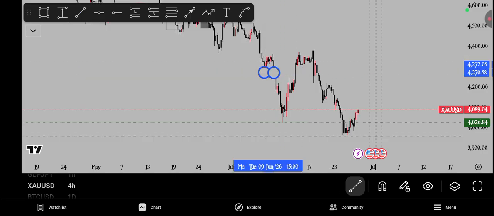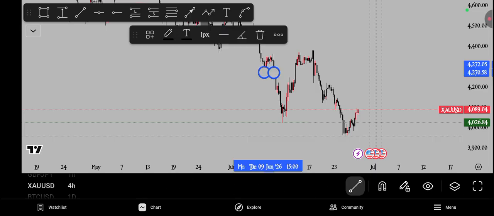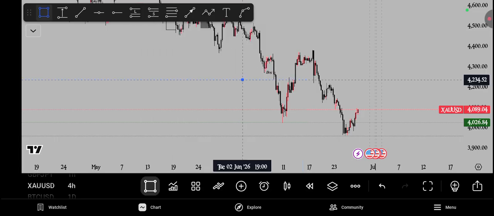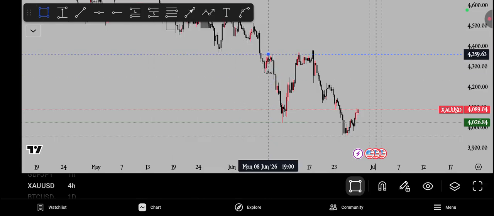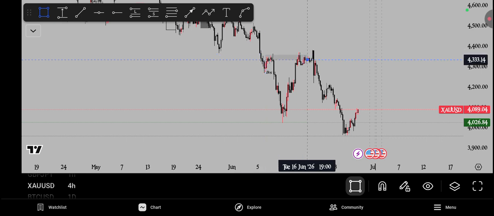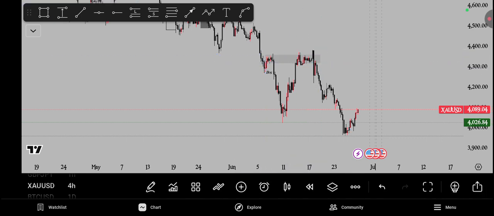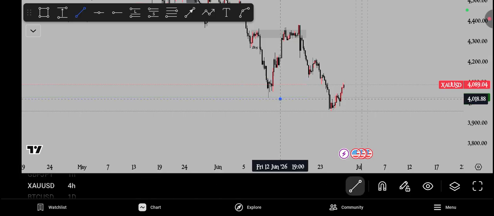Break of structure. Price reacted from the supply here. Took out this draw on liquidity, giving us a break of structure.